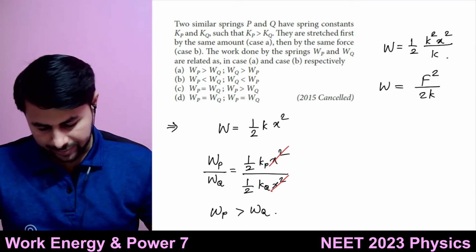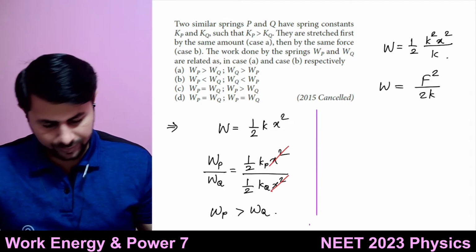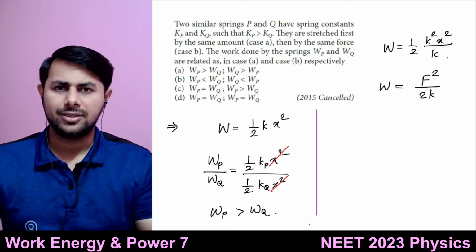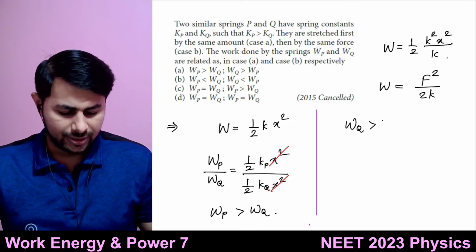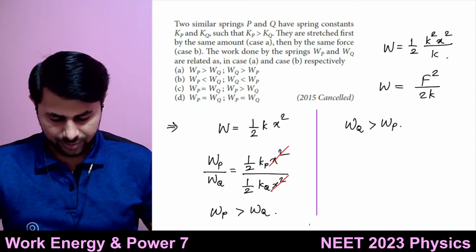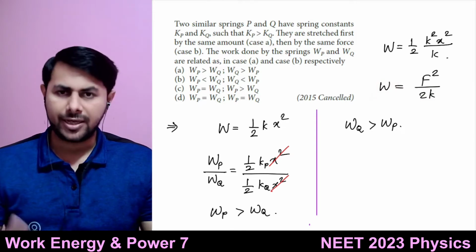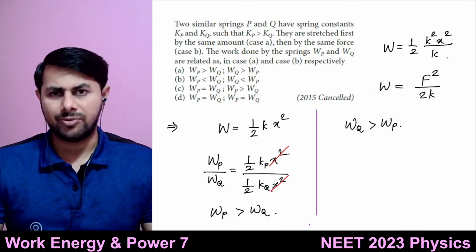And in the second case, what will happen? It is inversely proportional to K when they are stretched by the same force. So in the second case, Wq will be greater than Wp, because work done is inversely proportional to K. If K is more, then work done will be less. If K is less, work done will be more.